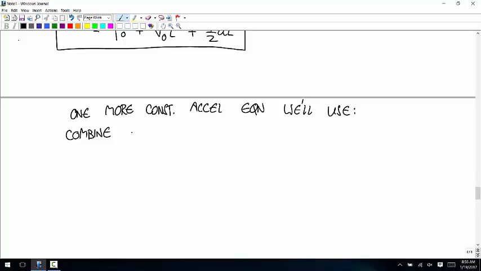And that is to combine the velocity function and the position function by eliminating t from the equation.